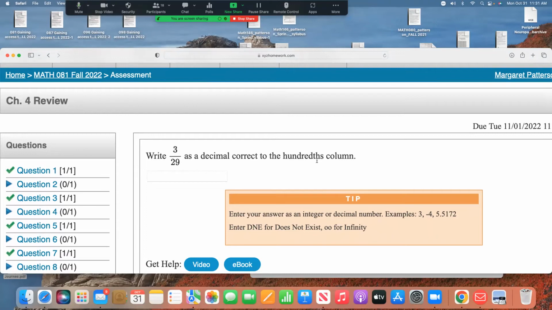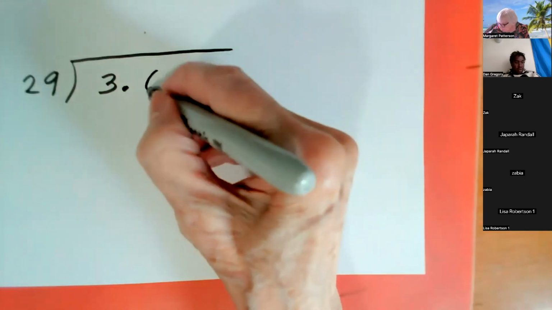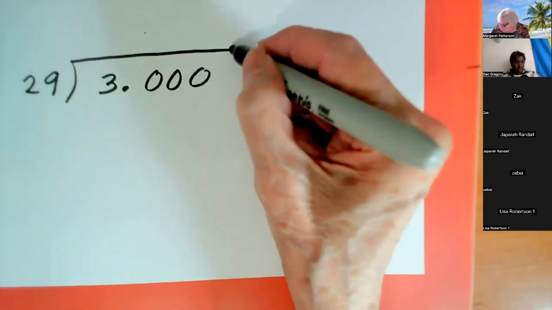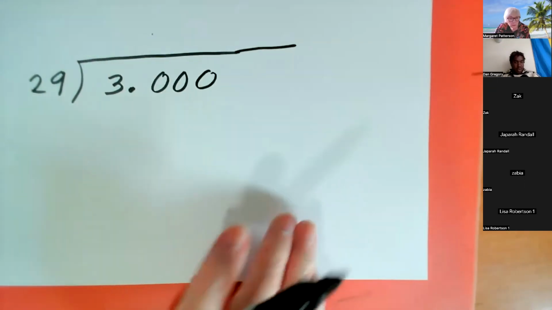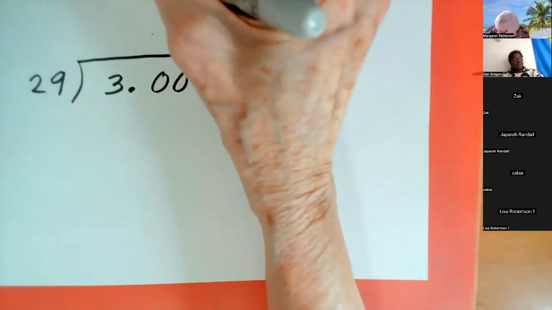It's 3 divided by 29. I would put a decimal point after the 3 and add a bunch of zeros. I think there was rounding. Did anybody notice rounding instructions? Hundredths. So they wanted it rounded to the hundredths.